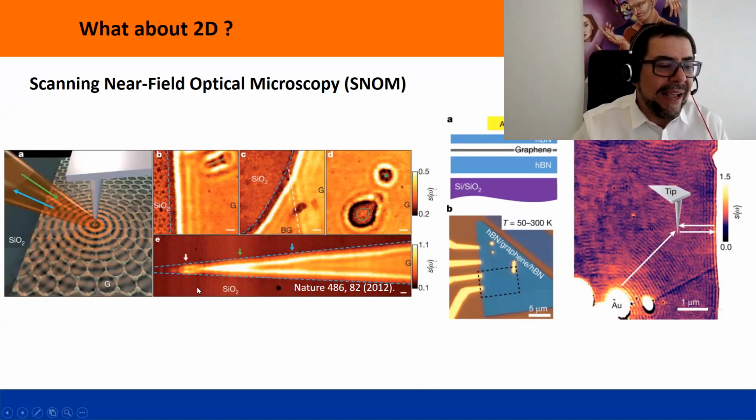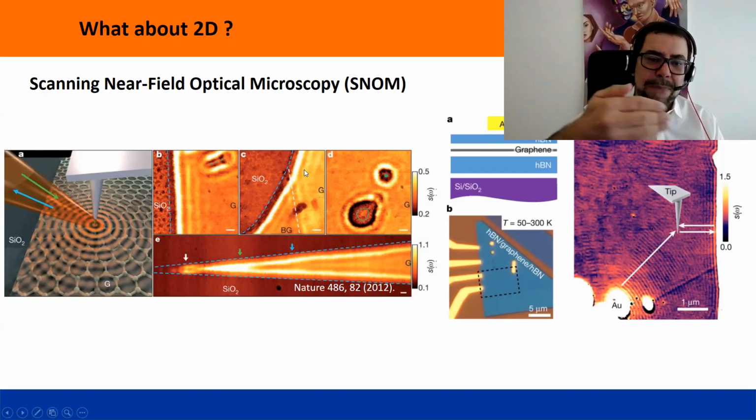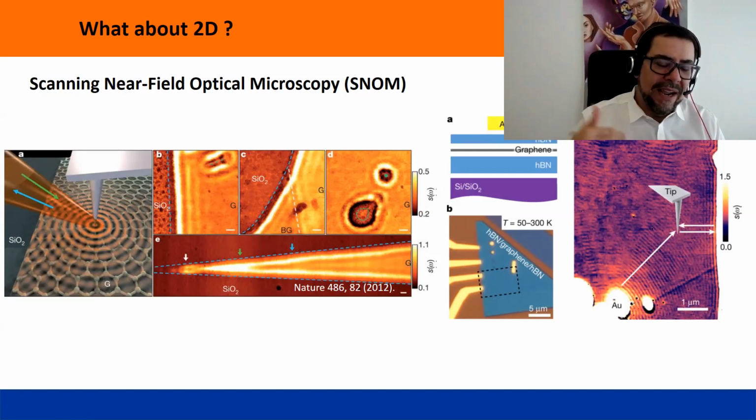Using the evanescent waves, the electric fields coming from a light source, a laser or something like this, you can couple the light with the plasmons inside of the material. And what you see are these beautiful patterns from the plasmonic waves bouncing off defects, edges, all sorts of inhomogeneities in the material.